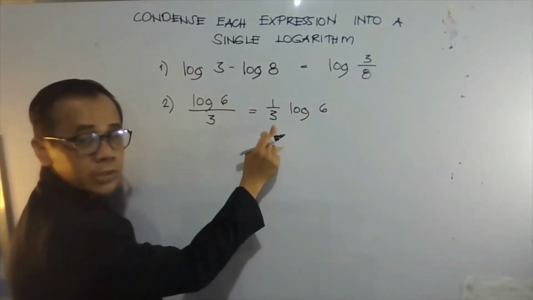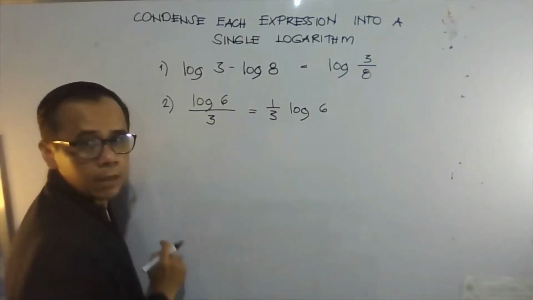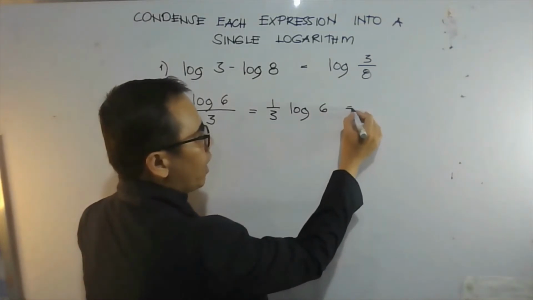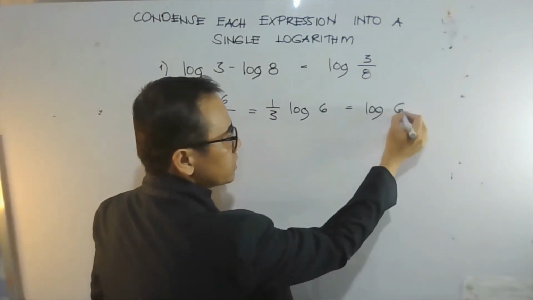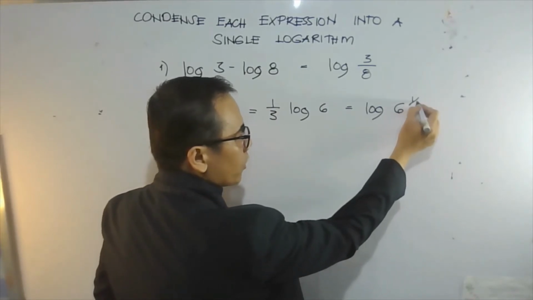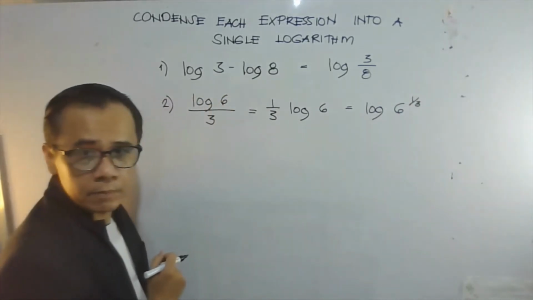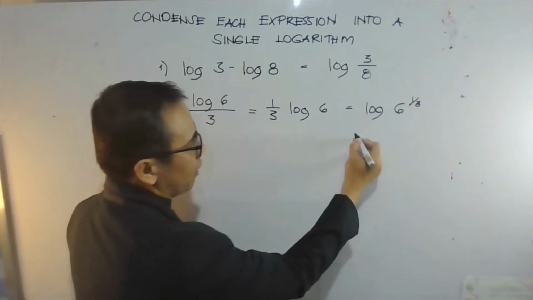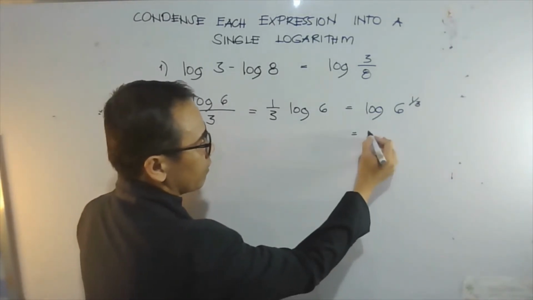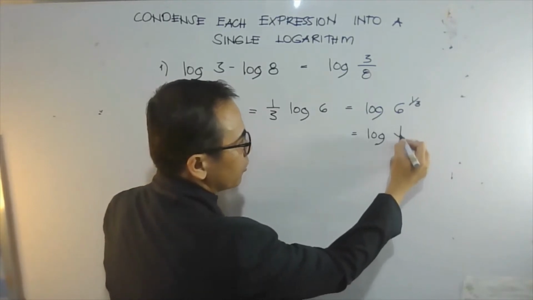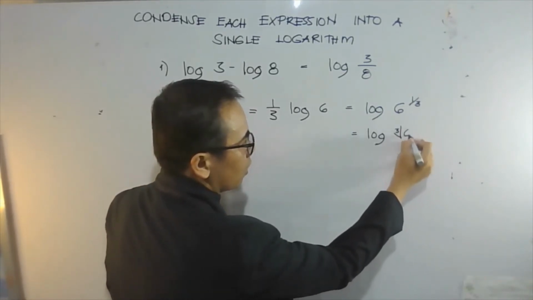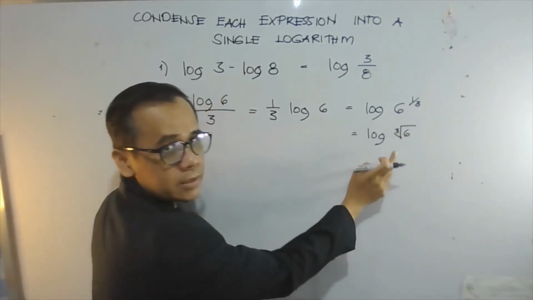Now, property number 7, the power rule. So this is equal now to the log of 6 raised to the power of 1/3. Therefore, this is the logarithm of the cube root of 6.